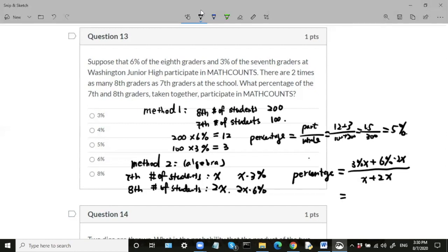That would be 0.03X plus 0.12X over 3X, which equals 0.15X over 3X. Then we can cancel the variable X, giving 0.15 over 3, which is 0.05. So 5% is our answer, so C.